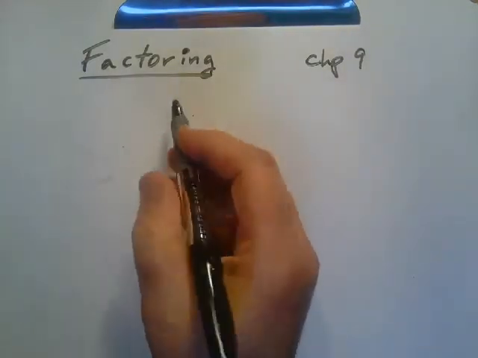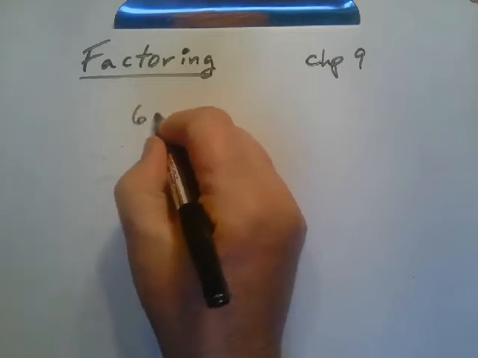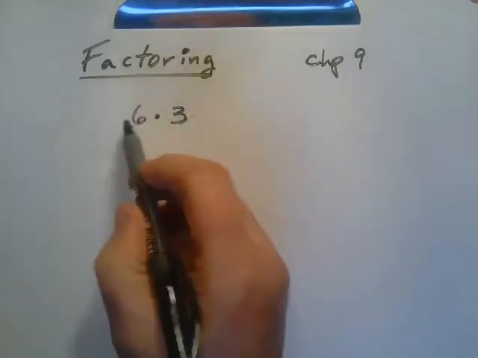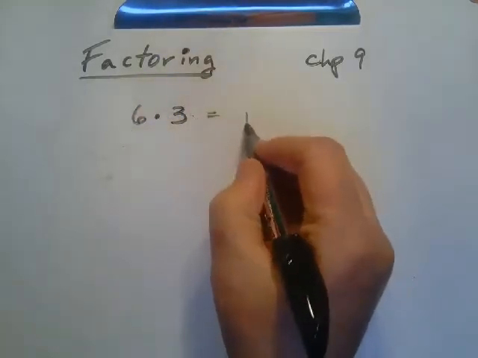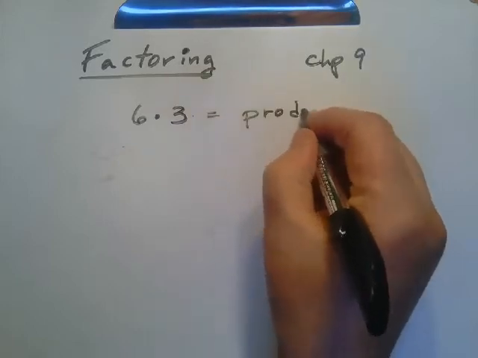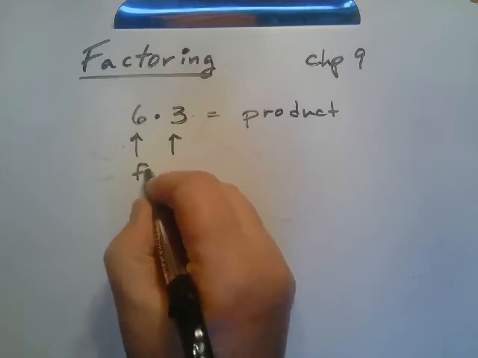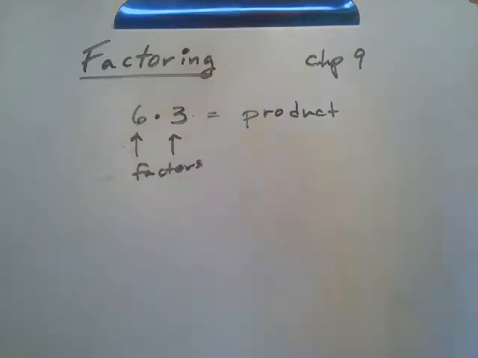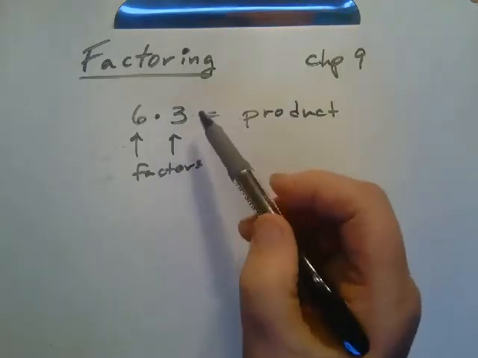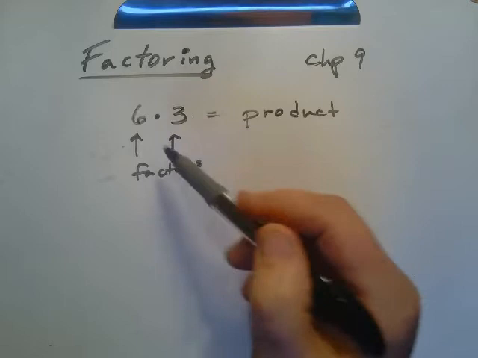Well, the word factor itself means two things get multiplied together. When you multiply them together, that's called a product, and each of these things is called a factor. Things that get multiplied together are factors. So what's really happening here is that we're going to be doing a lot of division.